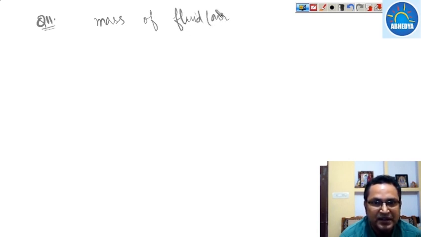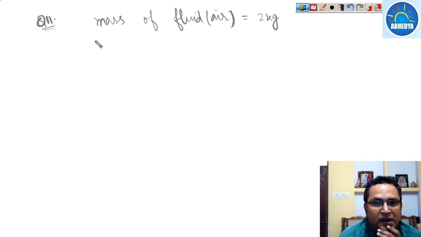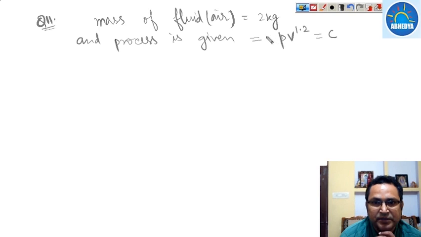11th problem. The mass of fluid, and that fluid is nothing but air, is 2 kg. And the process is given: PV to the power 1.2 equal to constant.